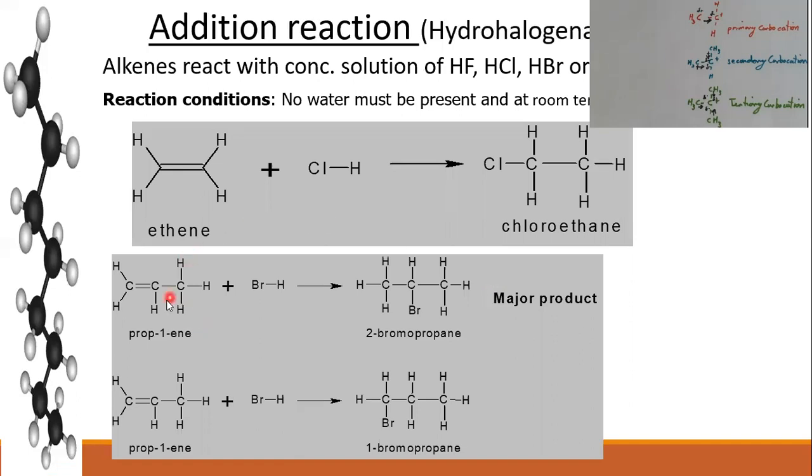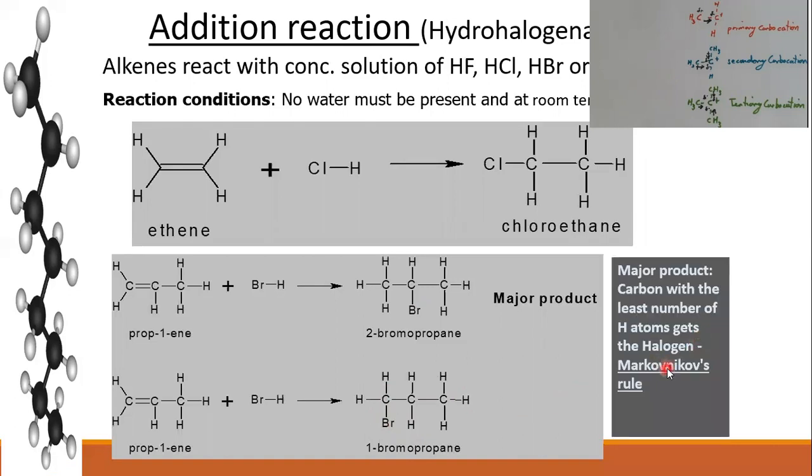But as soon as there are more options, look at it. So we've got an option where, when I have prop-1-ene, my bromide can either go to my second carbon or attach to my first carbon. Now, according to Markovnikov's rule, my bromine would attach to my carbon with the least number of hydrogens.